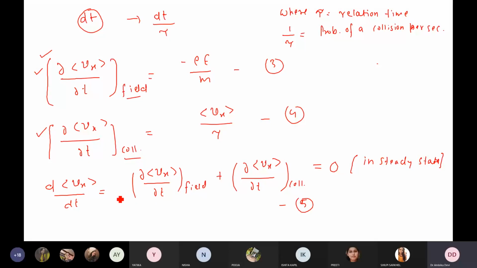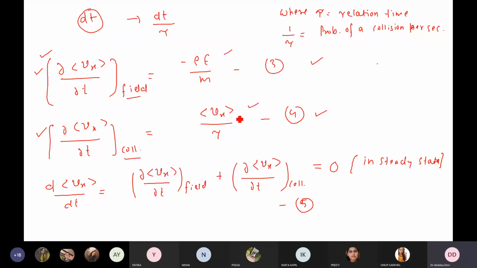So if you compare equation number 3 with equation number 4, both of the terms give you the rate of change of velocity with respect to time. One is due to the field and another is due to the collision. But overall, for a system, the rate of change of velocity with respect to time will remain the same for both, so the right hand sides will also be equal.